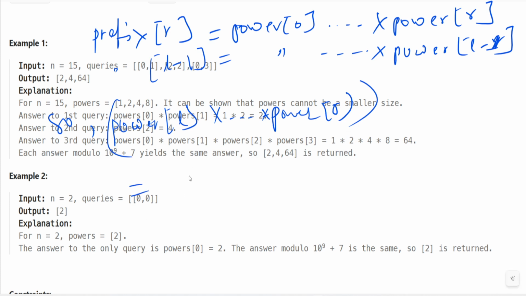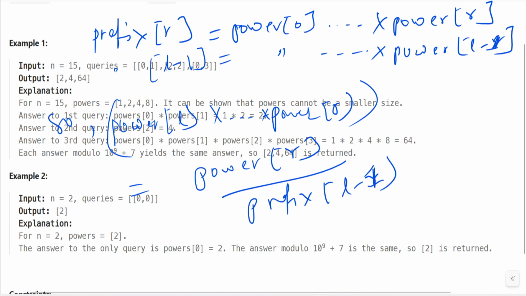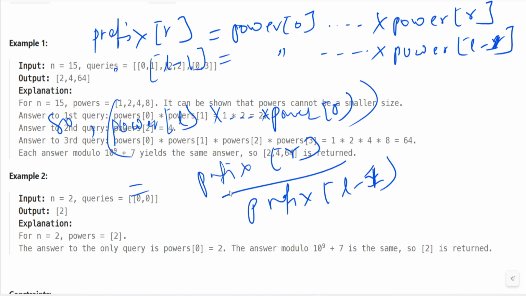Is it equal to power r divided by prefix at L minus 1? This should be prefix also, because that is the prefix. So power at L multiplied with all the ones in the range from left to right, we'll multiply the powers from left to right.